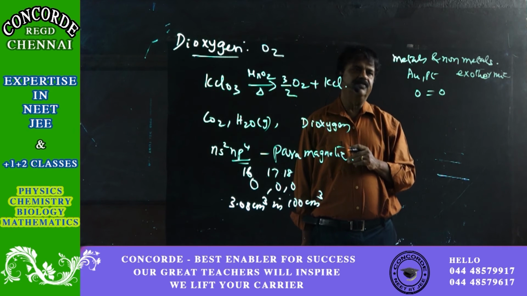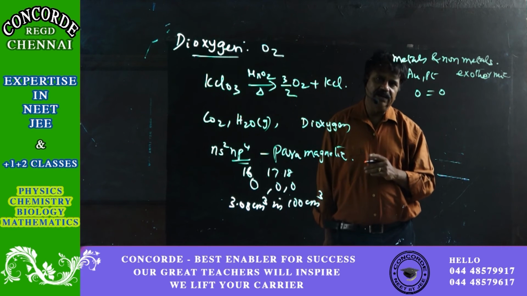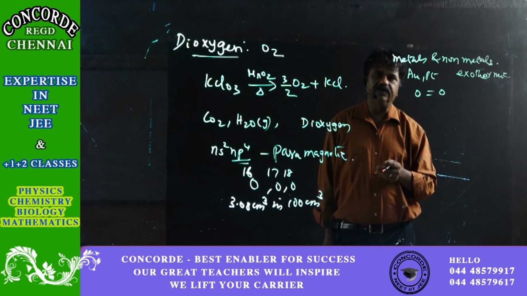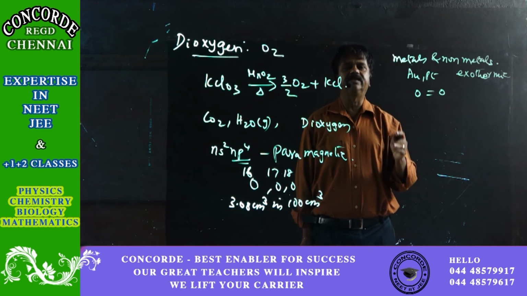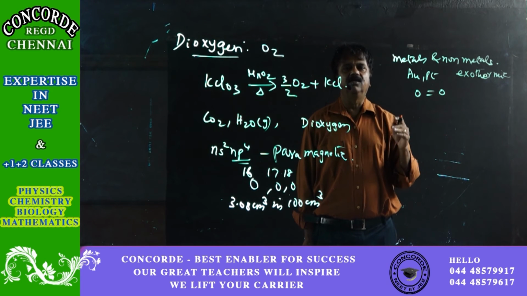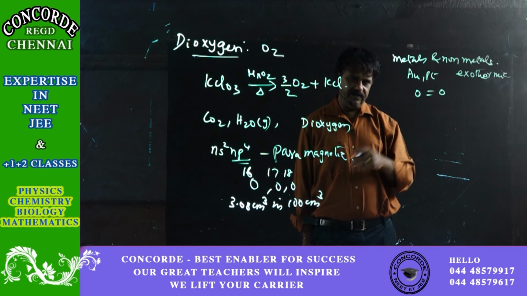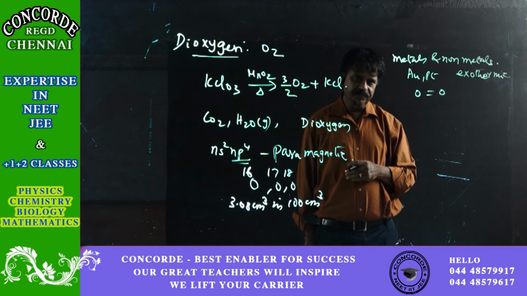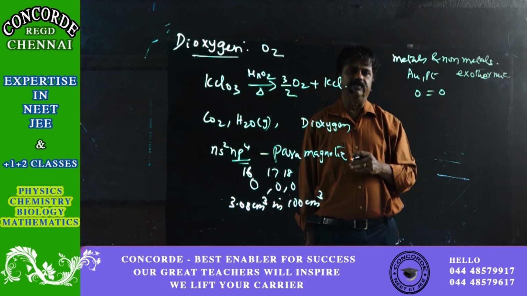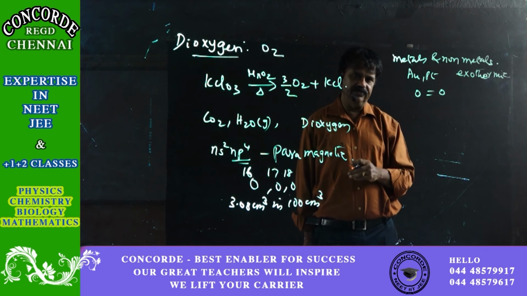The uses of oxygen: it is very important for biological life, for respiration. All living things, including plants and animals, require oxygen for their survival. It is also required in the oxyacetylene welding process.